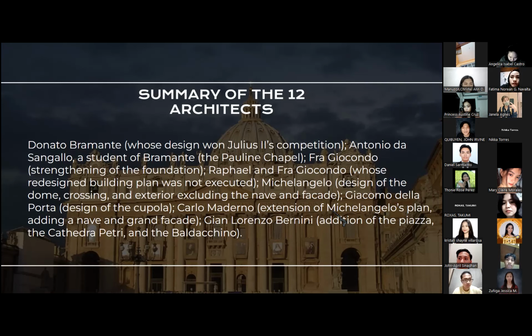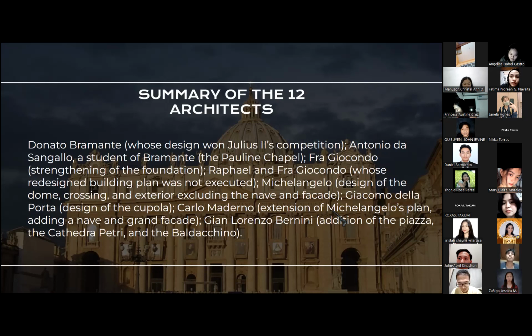So, ito yung summary of the 12 architects. Donato Bramante, whose design won Julius II's competition. Antonio da Sangallo, a student of Bramante. Yung pinaka-contribution niya is yung Pauline Chapel. Next is si Fra Giocondo, strengthening of the foundation.